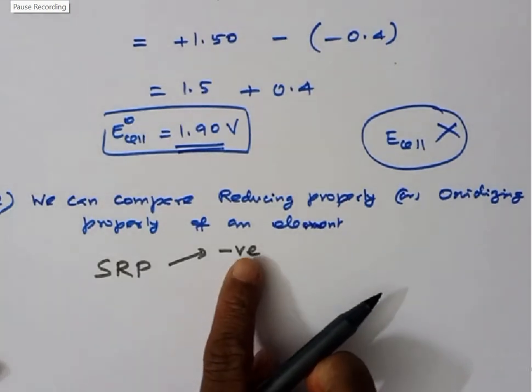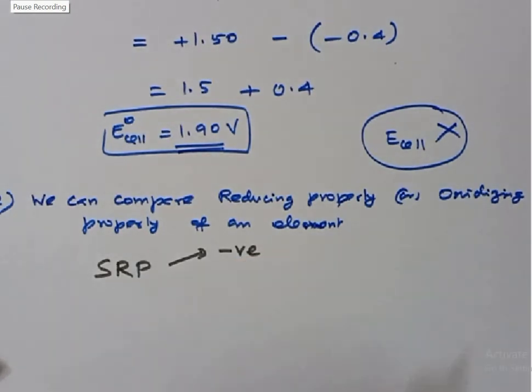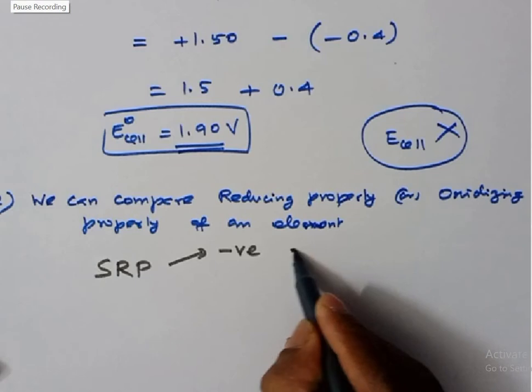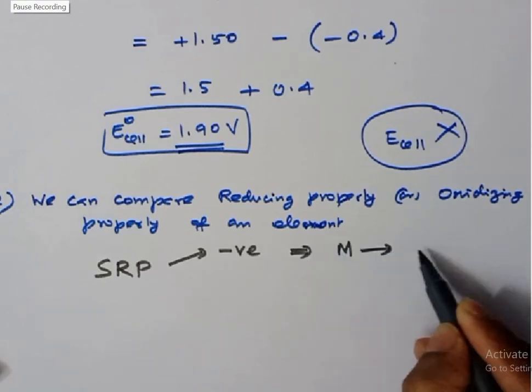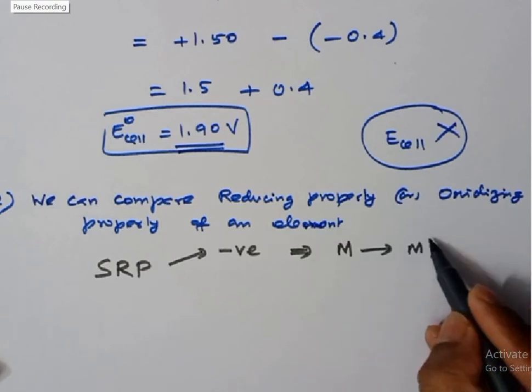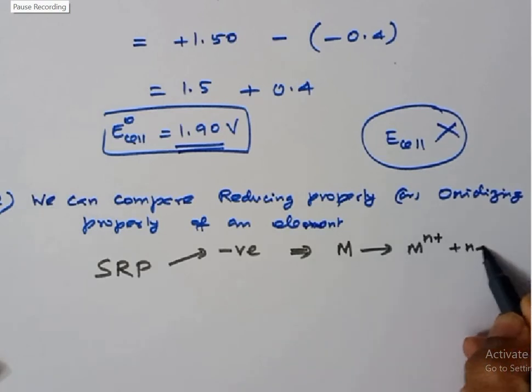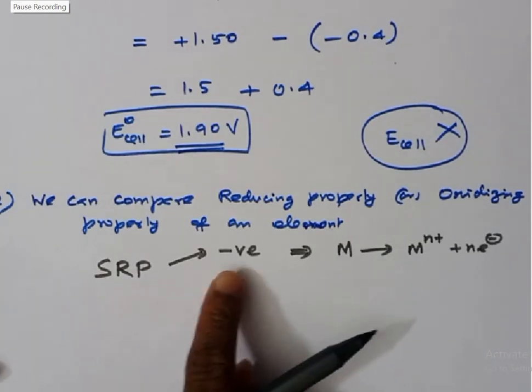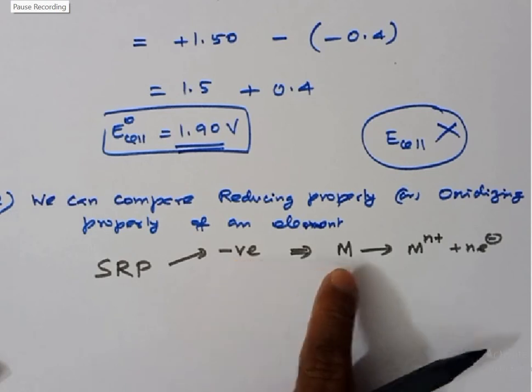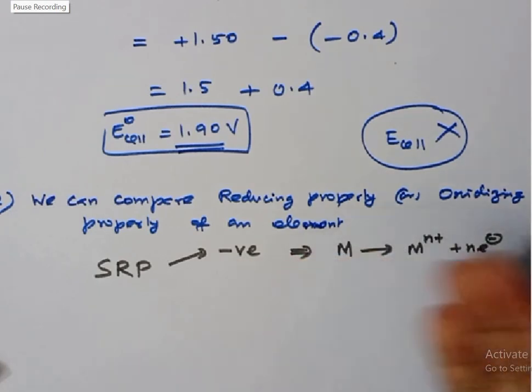If the value is negative, then that metal is ready to undergo oxidation, or that metal undergoes oxidation readily. It releases electrons and becomes a metal ion.